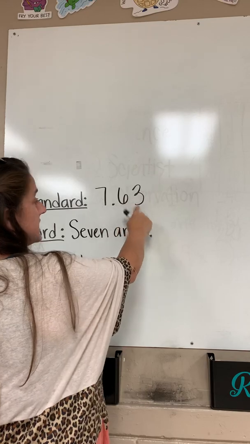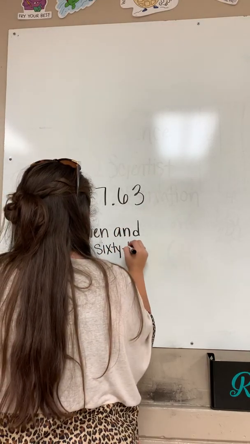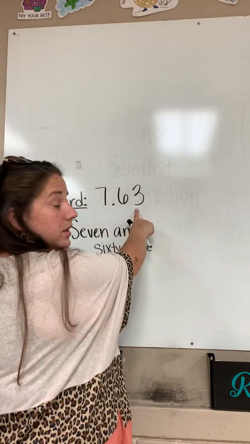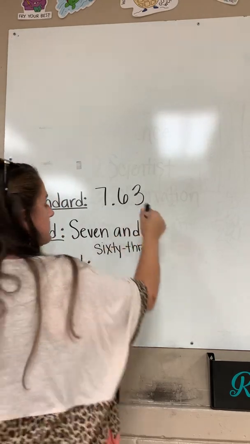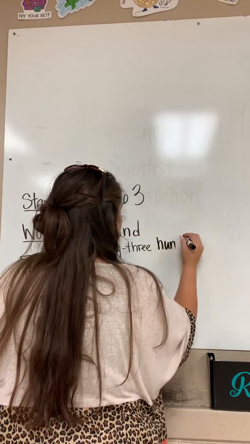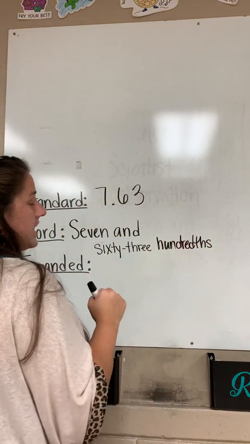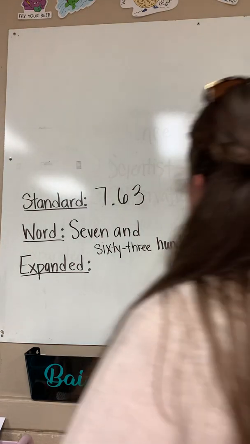We're gonna say 63. And then what place is that 3 in? Okay, if you look on your anchor charts, that 3 is in the hundredths place. So I'm gonna write that down. Hundredths, okay, it's got that TH. Let me make sure y'all can see that. Can you see that? Oh yeah, y'all can see that, great.